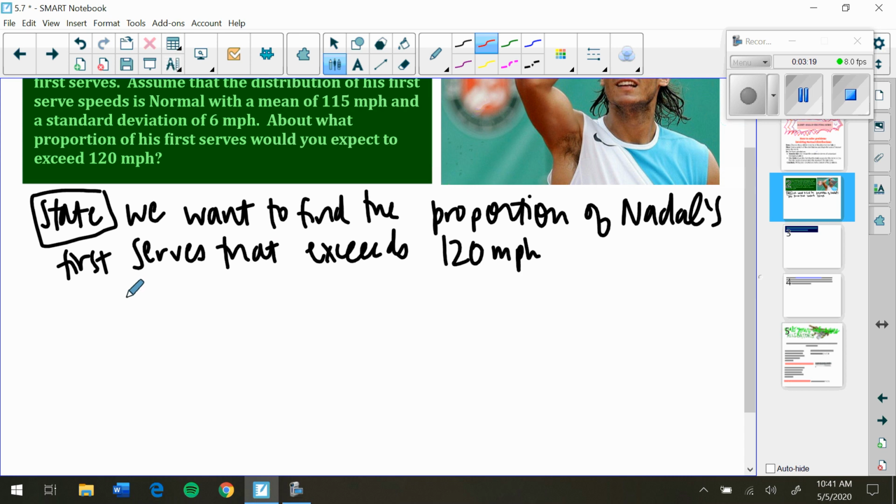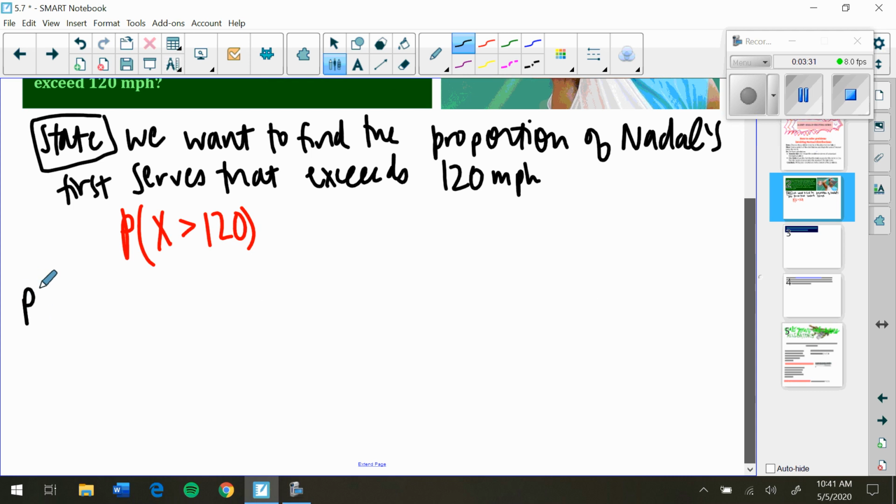Now, what we are looking for in symbols is the probability that his serve x is greater than 120. That's what we're looking for. So that's our state. In our plan, we need to do a couple things.